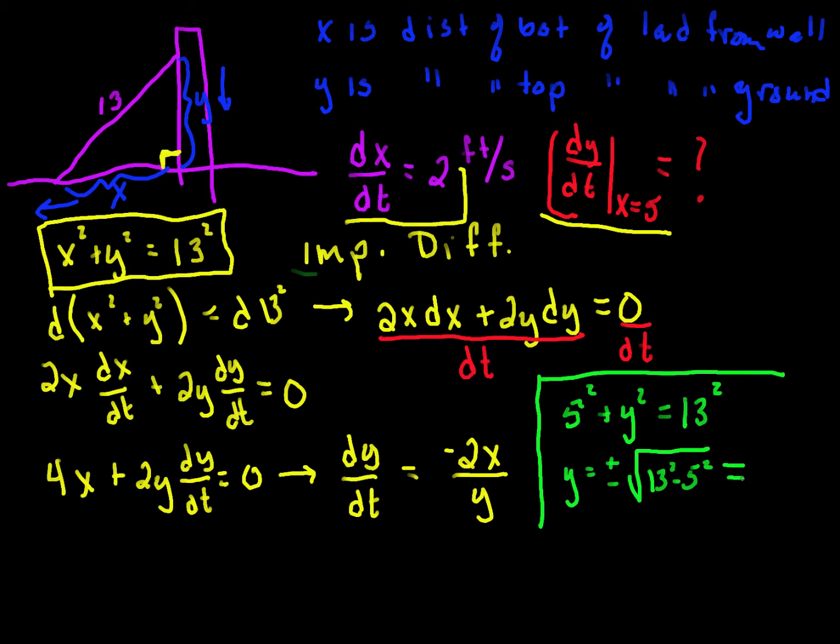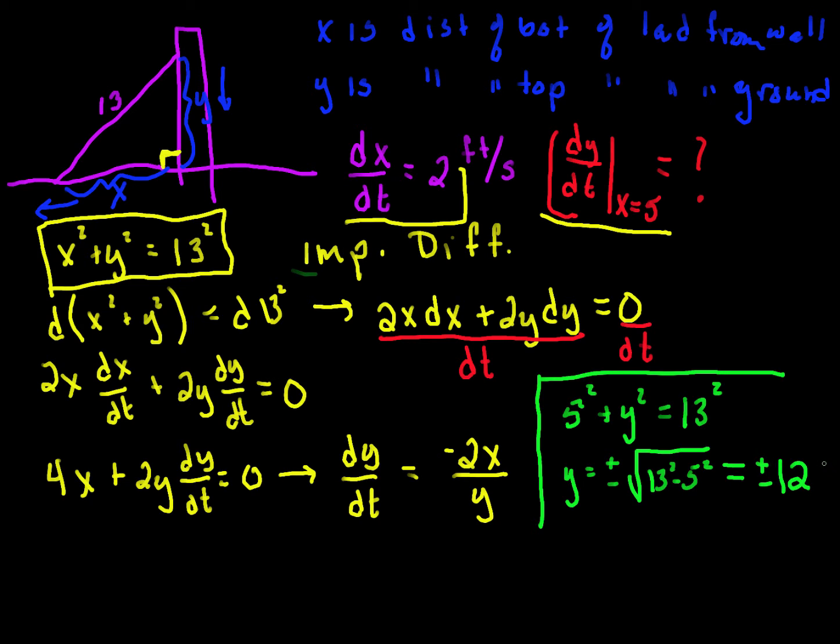Of course, it's plus or minus purely from an algebraic or number sense, but in our problem, y can only be positive. The ladder can't fall through the ground and start having negative heights from the ground, so we'll only take the positive one.